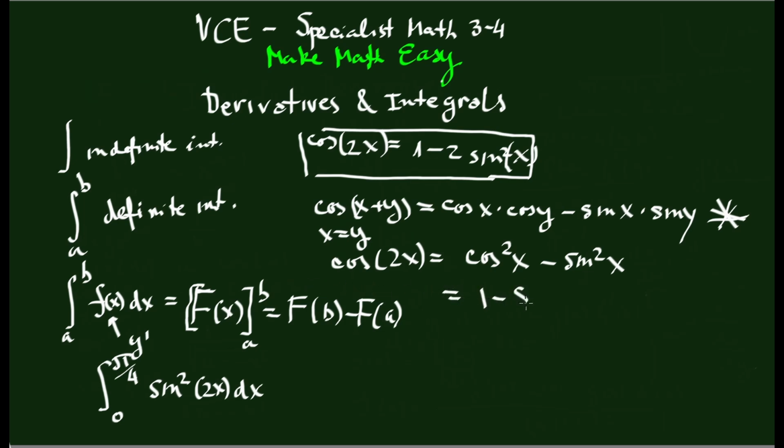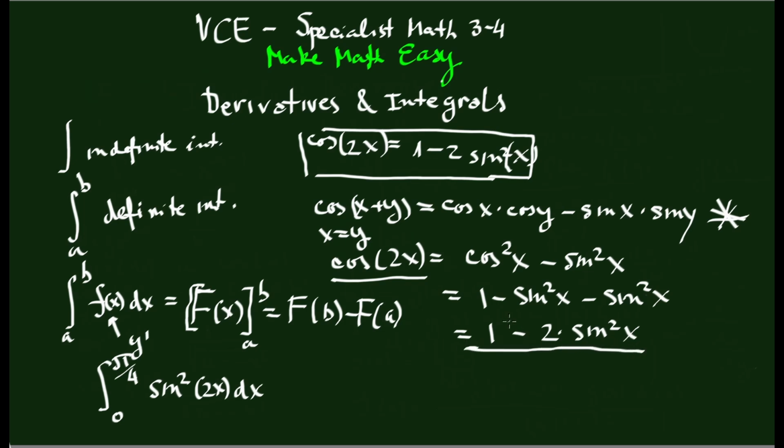From the basic one, sine square of x plus cosine square of x equals 1, so cosine squared is 1 minus sine square of x, and minus sine square of x. So you get 1 minus 2 times sine square of x, and that's exactly our formula above. So that's how we got to it. You need to know the basic one, and then you can get whatever you want.